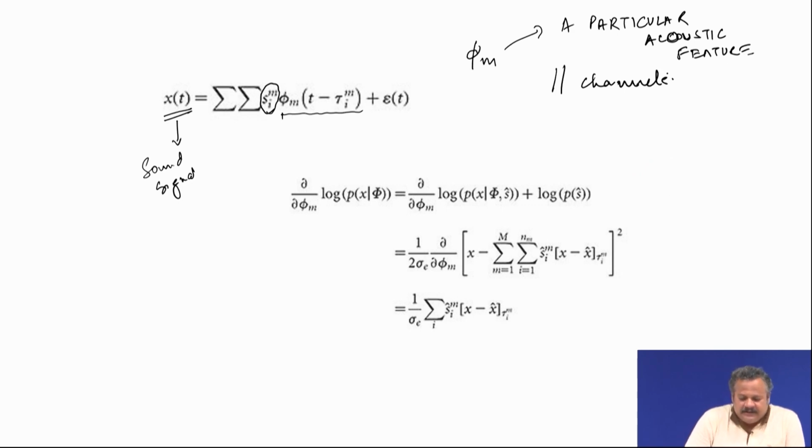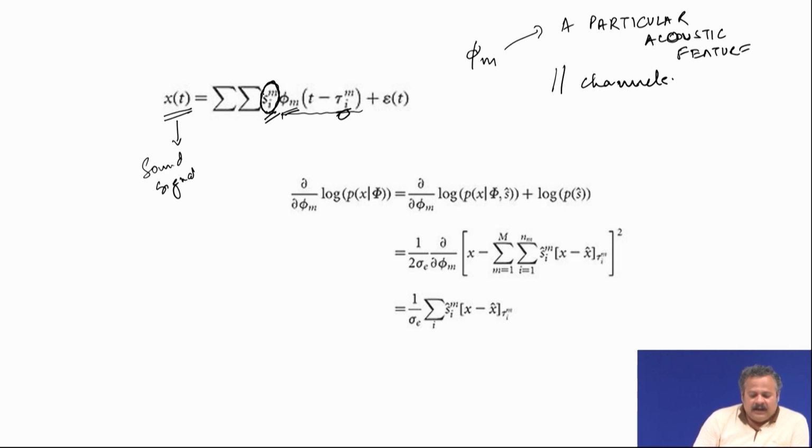These parallel channels have to be weighted by some value every time they are activated. So at the position tau_i, the m-th feature occurs with amplitude s_i^m.